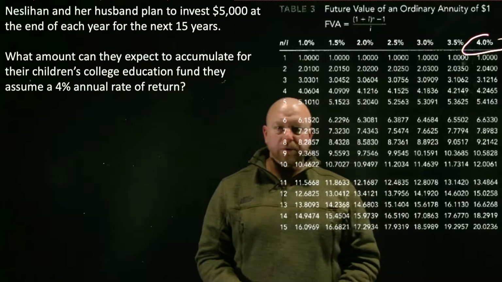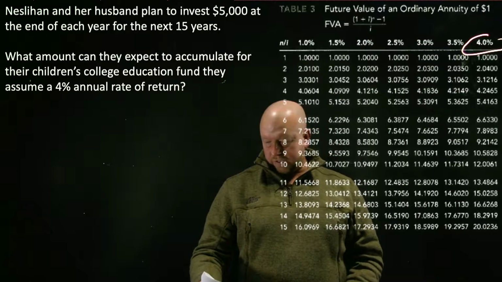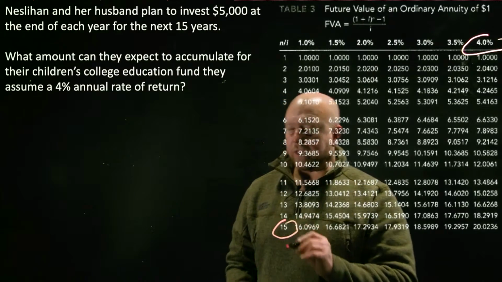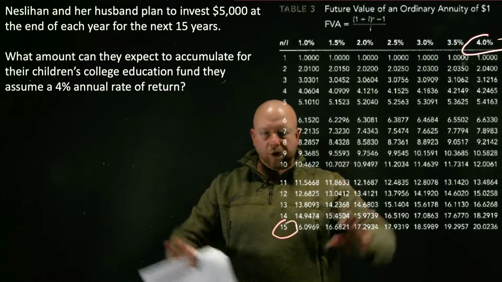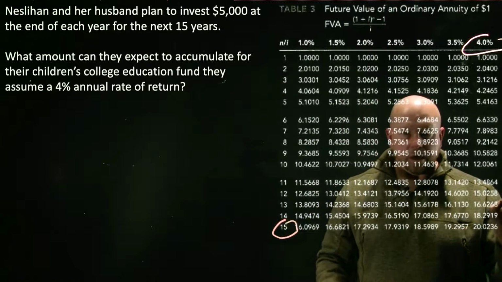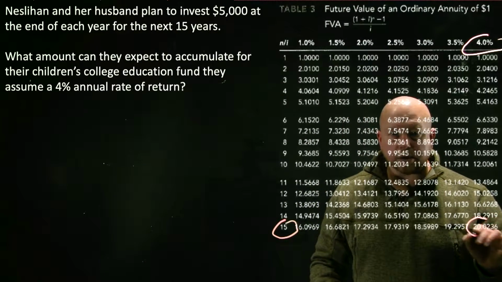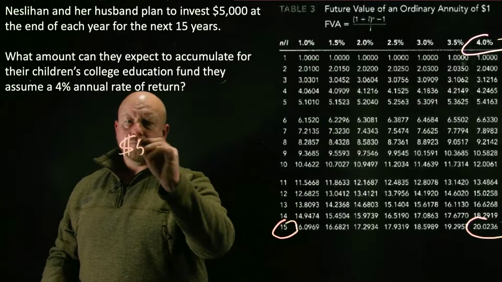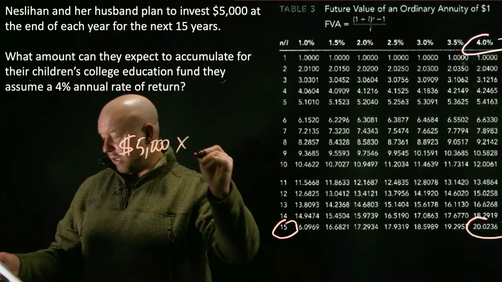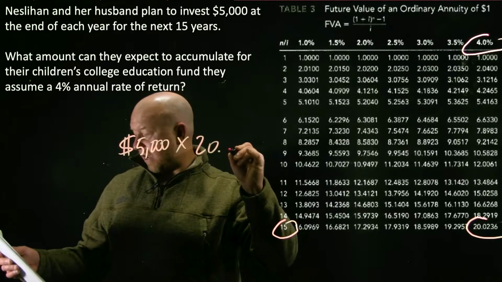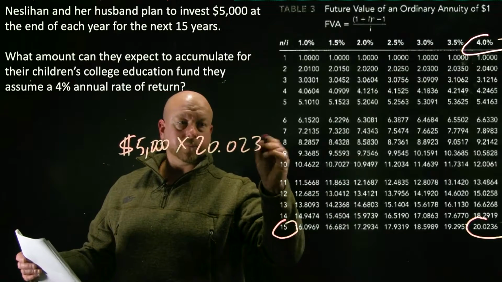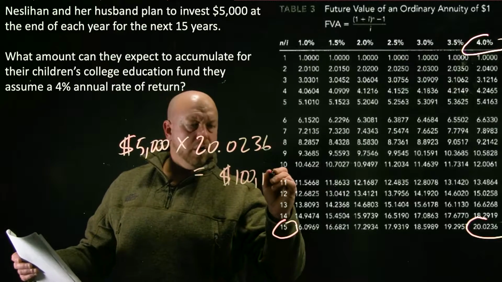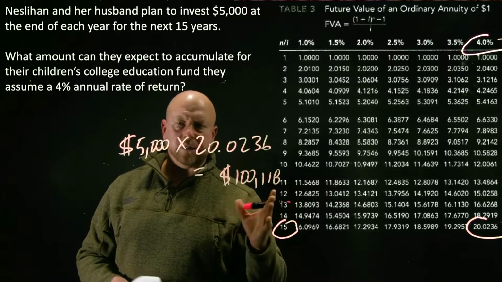So they assume 4% interest rate, and what did we say, 15 years? Okay, oh, magically that's, by the way, these tables are much bigger than what I've given you here. These are just excerpts, okay? And there's our multiplier. So what you're basically going to do is take your periodic payment, in this case $5,000 per year, multiply it times the factor from the table, and that gives you a future value of just over $100,000.